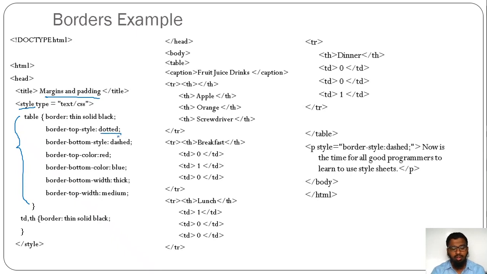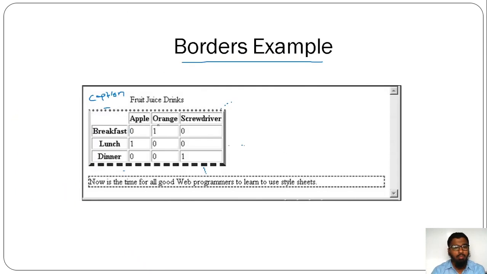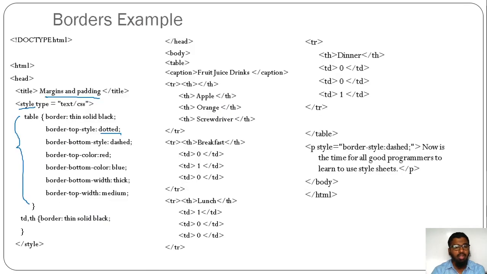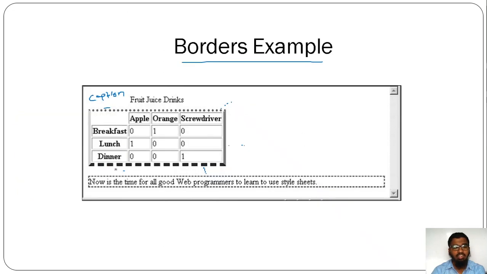Where is it dotted? On the top, as you can see in the output. Next, border bottom style is dashed, so at the bottom we are taking dashes.